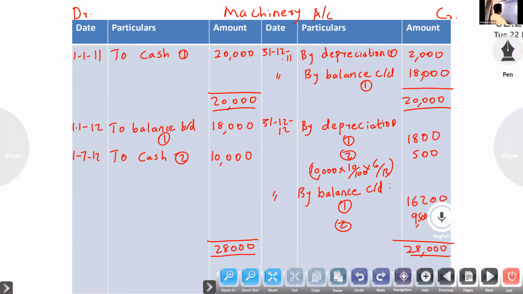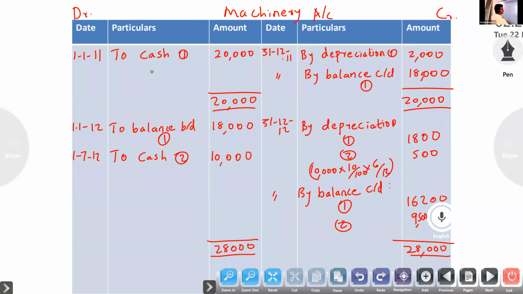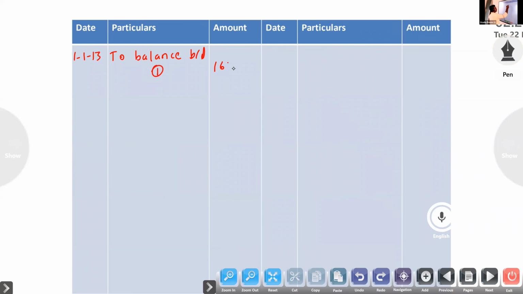Next, 1st January 2013, to balance BD 16,200, second one 9,500.